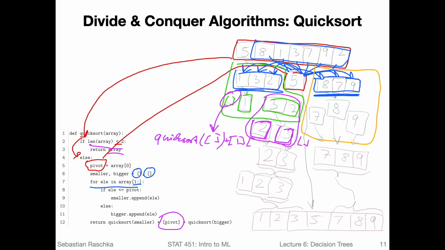And then we had quicksort on the 2 and the 3, which then later also got split into just the 2 and just the 3. So we would basically have this plus the 2 plus the 3. In this way we have the left hand side already sorted, so this will return 1, 2, 3, which we have here. And then we would do the same thing on the right hand side.